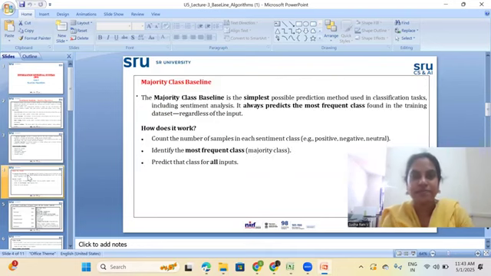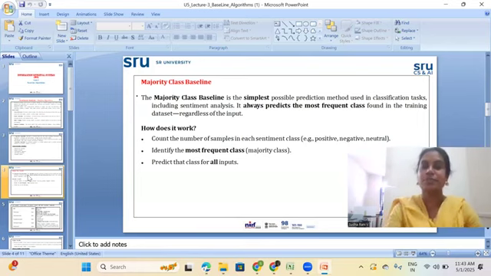Majority class baseline. The majority class baseline is the simplest possible prediction method used in classification tasks, including sentiment analysis. It predicts the most frequent class found in the training data sets, regardless of the input. So how does it work?